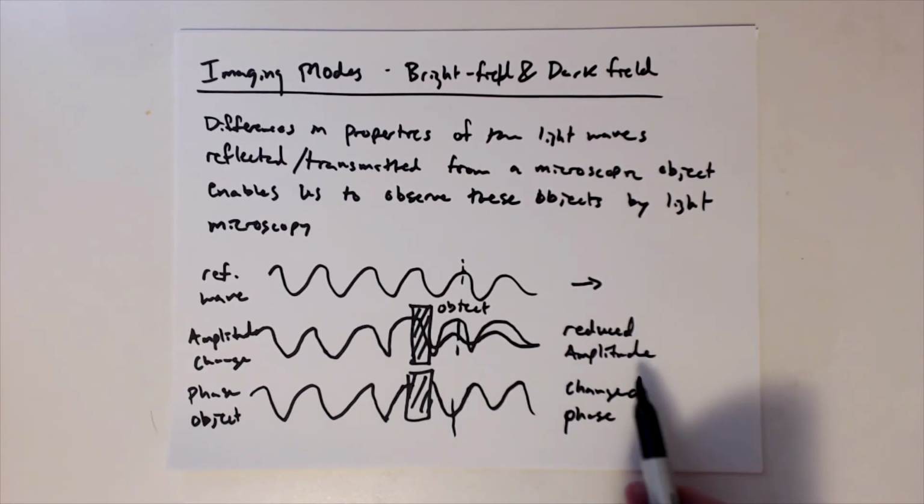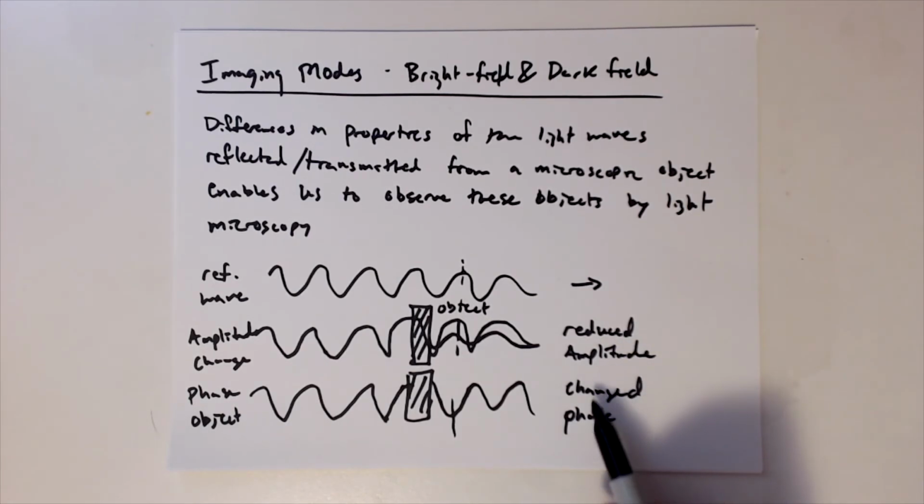So basically, there are two options when we're looking at the wave. We can reduce its amplitude, or we can change its phase. Those are the two ways in which we can affect the wave that we're looking at.